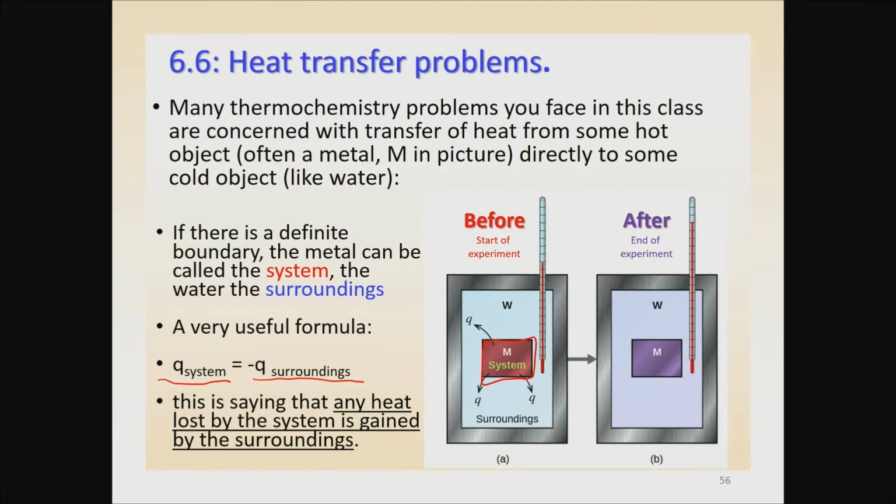The reason is this: in the equation, you have to describe the direction of the heat transfer. If heat is leaving the metal, that is positive, then any heat being gained by the water is going to be negative. So we do have to write Q of system is equal to negative Q of surroundings.